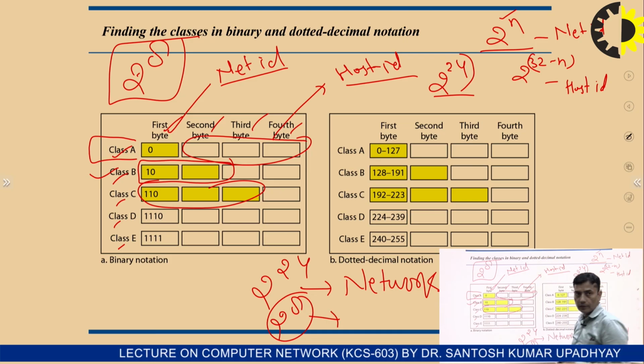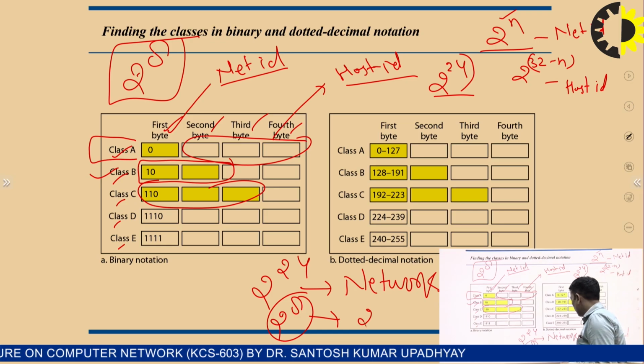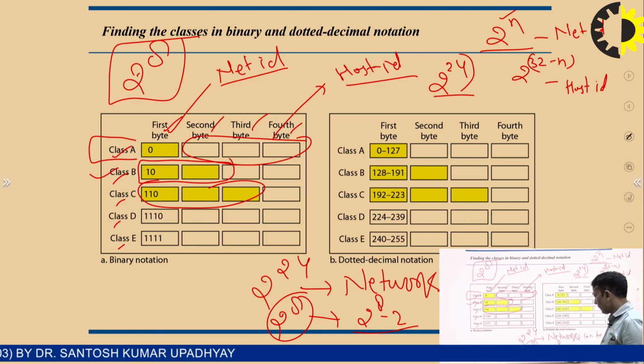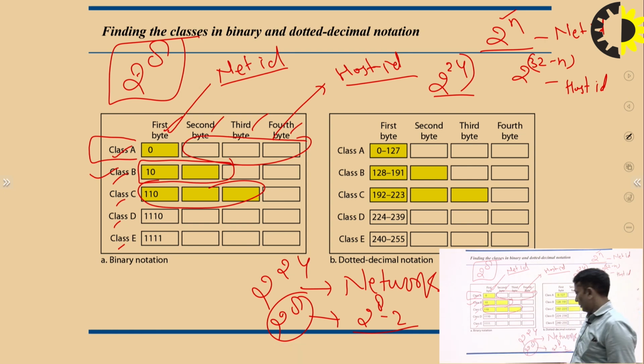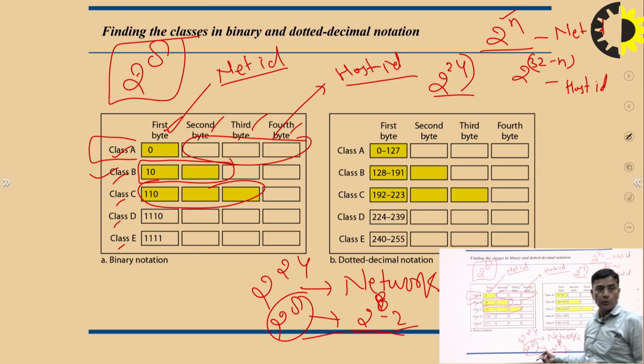Basically 2 to power 8 minus 2, you can say: the first address for the network ID and the last one reserved. This is 2 power 8 for the size of the network.